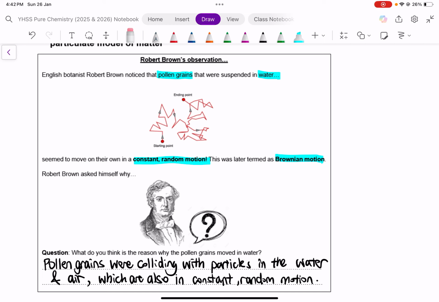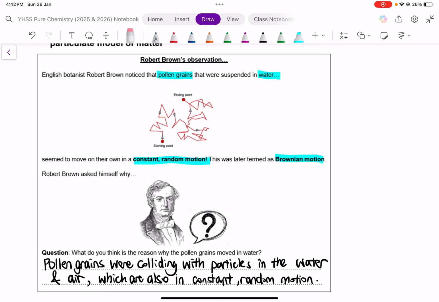And during these collisions, energy was transferred from the water particles to the pollen grains. And that's why the pollen grains had the energy to continuously move in a random manner. Importantly, the water particles and air particles themselves were also in constant random motion. As a result, that's what Robert Brown observed. The pollen grains themselves also moved in a constant random motion.